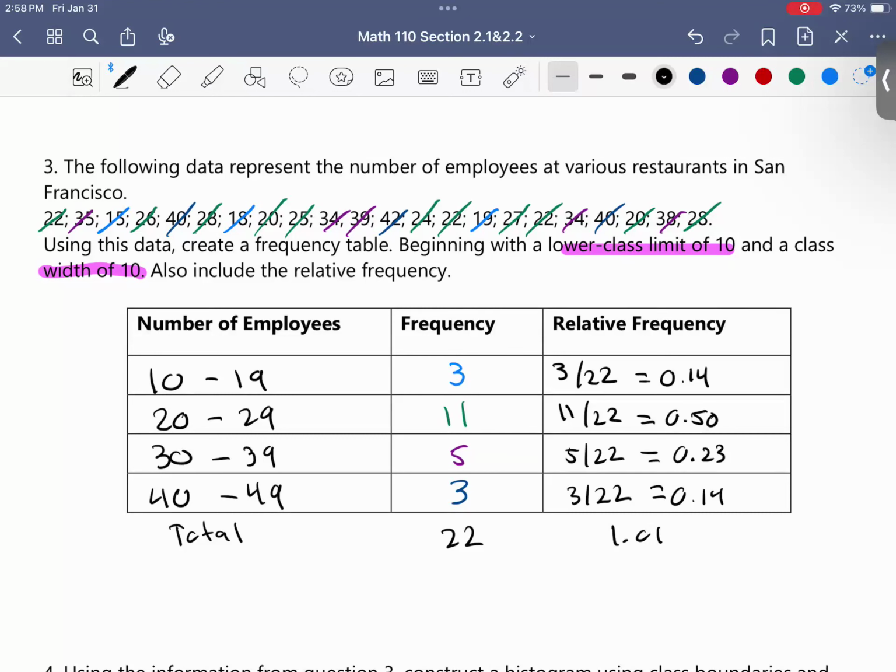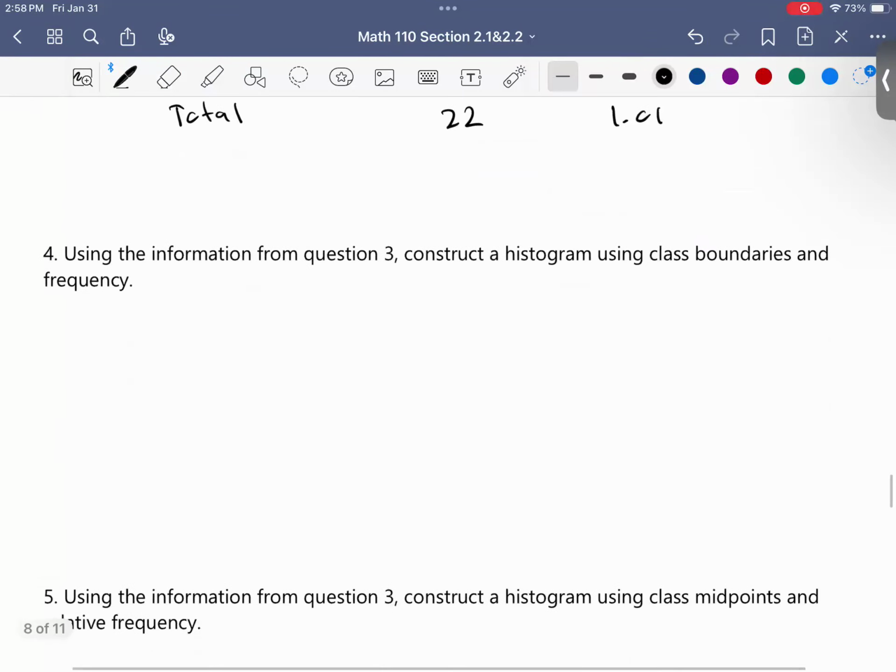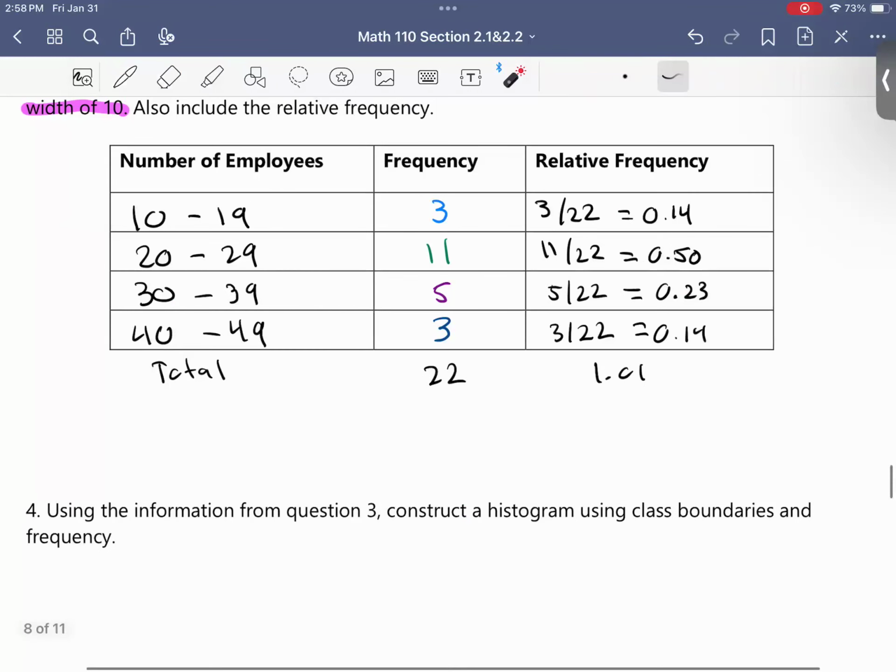All right, let's go ahead and use this data to construct a couple of histograms. Below, it's saying using the information from question 3, construct a histogram using class boundaries and frequencies. So I need to determine what the class boundaries are. Recall that the class boundaries are the space between your classes.